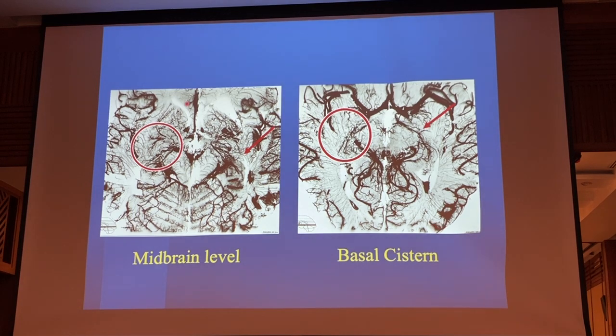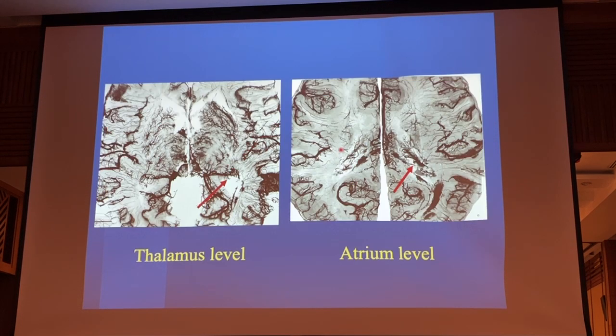If you look at the anterior choroidal artery supply, at the midbrain level, you can see the anterior choroidal artery supply. A little bit above, you can see the supply going in there.